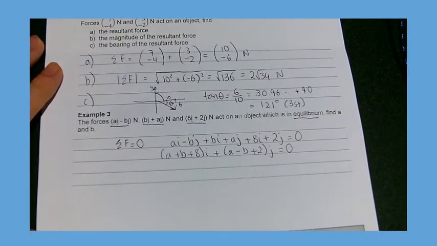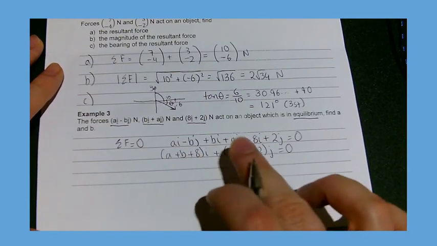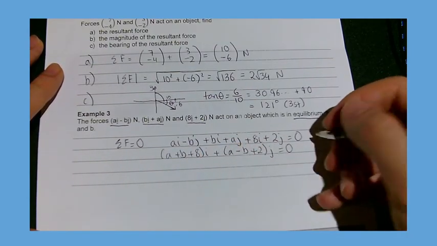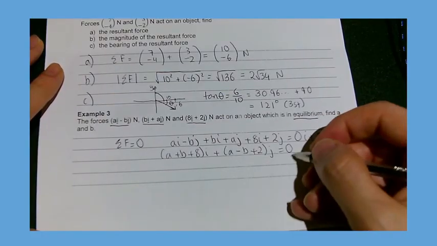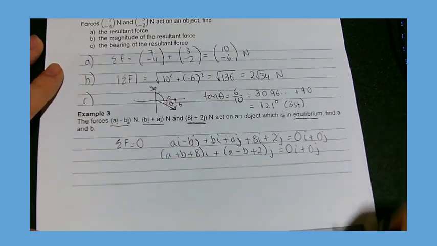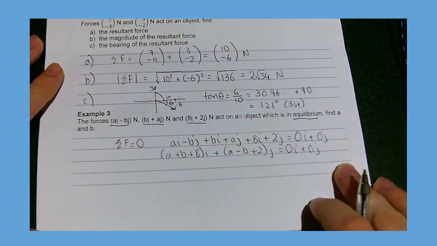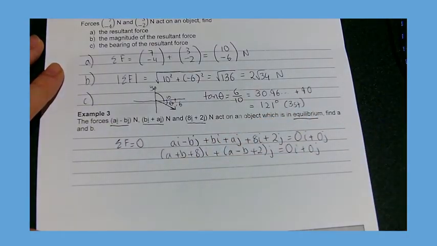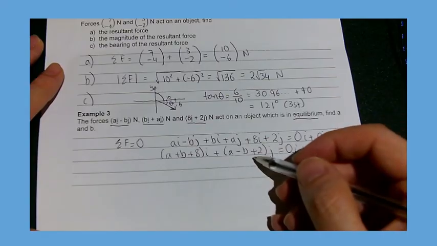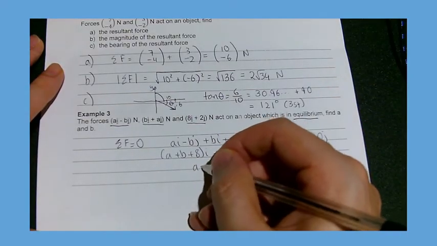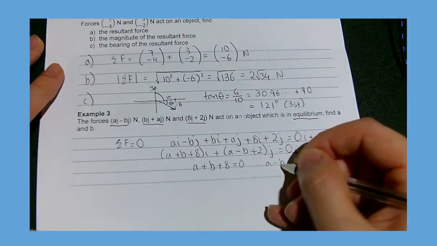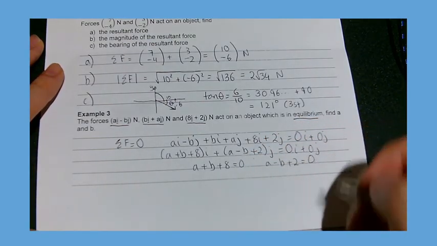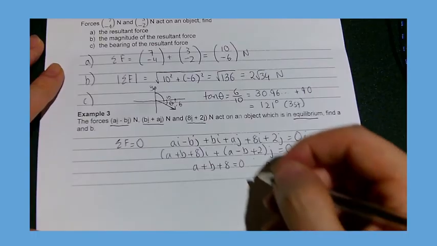Now I'll need to add that obviously this adds up to equal 0, but in reality they add up to give you the zero vector, 0i plus 0j. So if these two vectors are equal to each other, then the coefficients of i must equal 0 and the coefficients of j must be equal to 0. Then we're just left to do simultaneous equations.